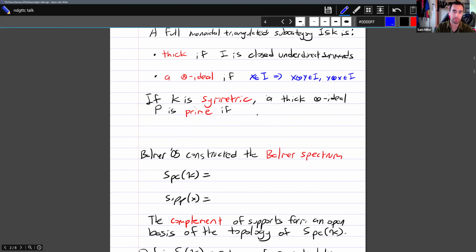In this case, a thick tensor ideal P is prime if X tensor Y in P implies X is in P or Y is in P.